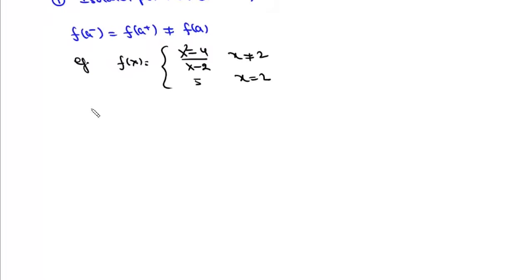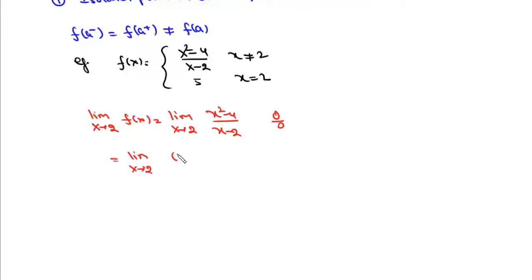Now if we take this limit x tends to 2 f(x), it will be this limit x tends to 2 (x² − 4)/(x − 2), which is 0/0 form. Now we can factorize this. It will be this limit x tends to 2 (x − 2)(x + 2)/(x − 2).